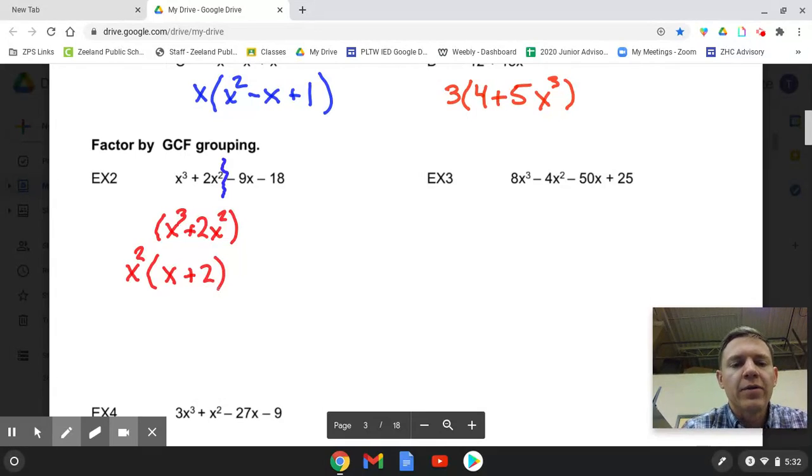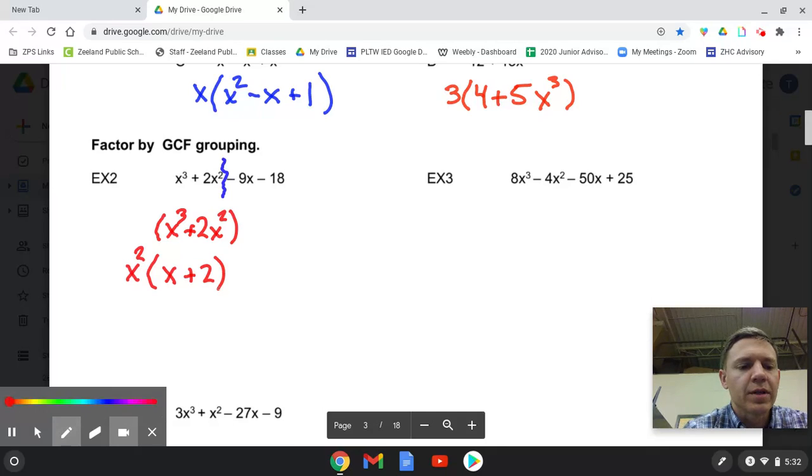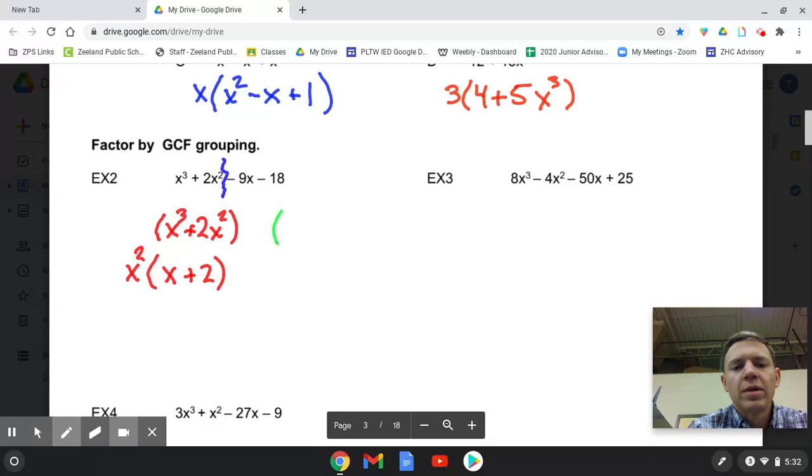Now I've got to do it for the other side. Let's switch to green for this one. What do negative 9x minus 18 have in common? I see a 9, yep. In fact, I see a negative 9. Anytime you can take a negative out of both, do it.